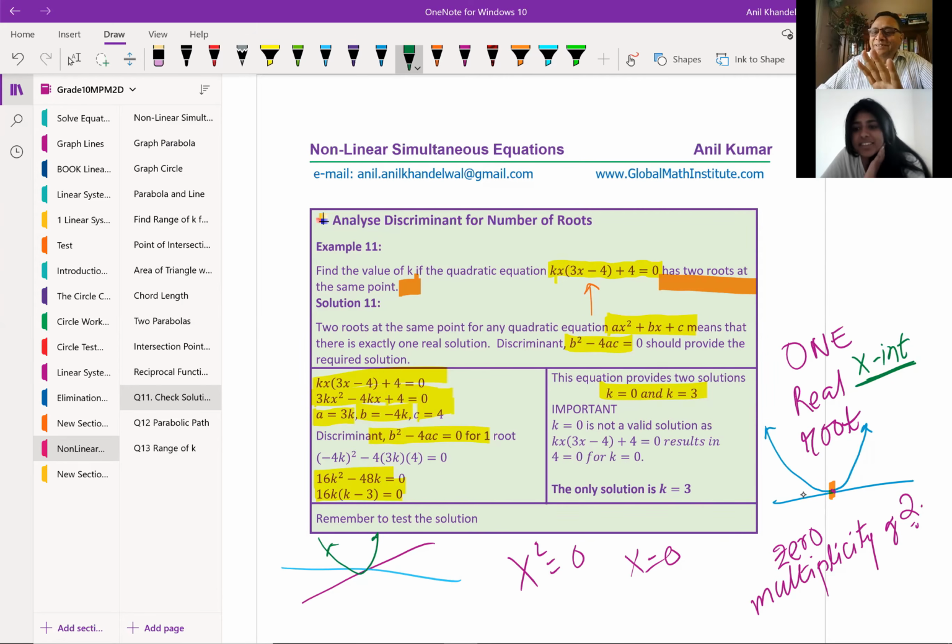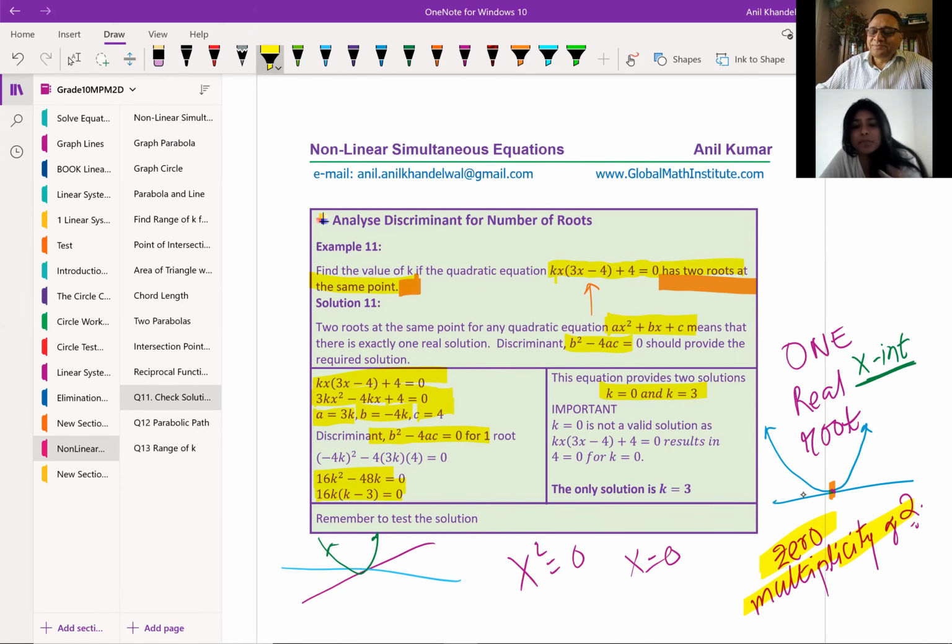Those 4 may be all the same values. That's still a different story. There are 4 solutions, but they may have the same value. Do you understand? We call it the order or multiplicity of a 0. So that is the term. So it has 2 roots at the same point. You get the idea now? So effectively, one real root.